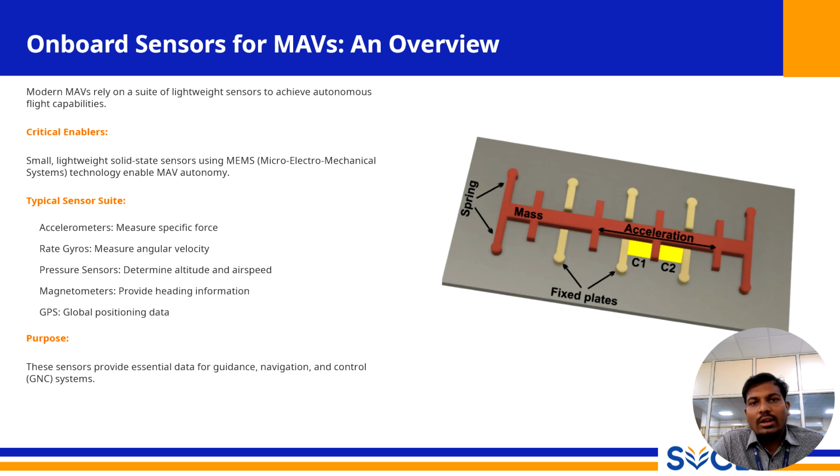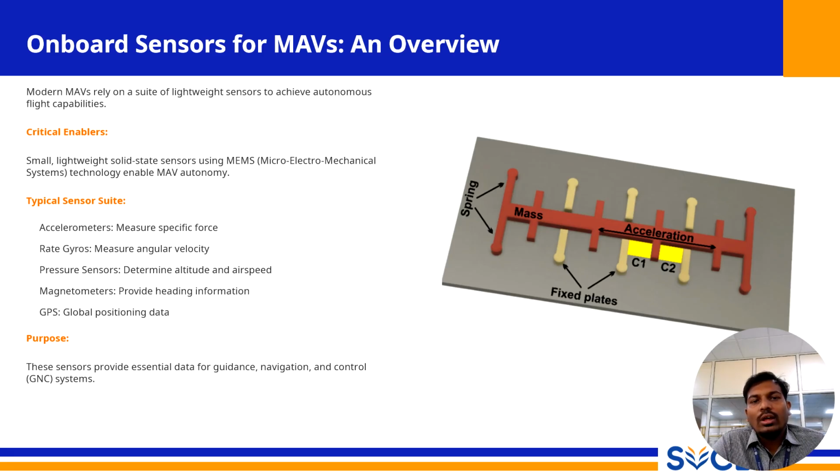As the slide states, the modern MAV relies on a suite of lightweight sensors to achieve autonomous flight capabilities. The ability of a drone to fly with such stability and intelligence is not magic. It is a direct result of incredible sensor technology packed into their tiny airframes.